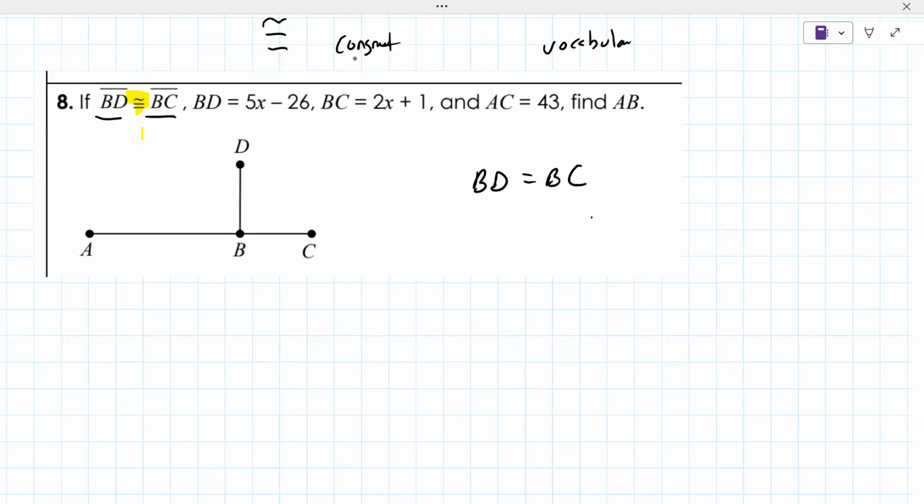All right. So could you tell me the expression for BD in the problem? It's 5x minus 28. There. Okay. How about BC? What is BC?